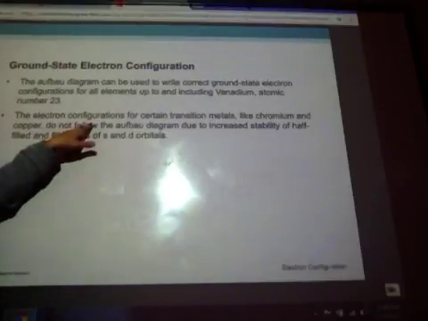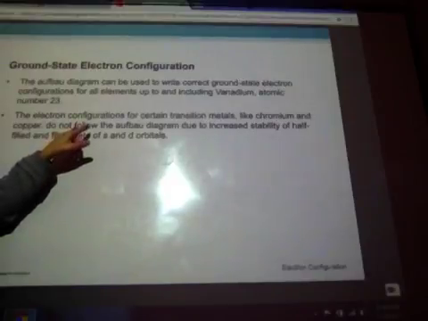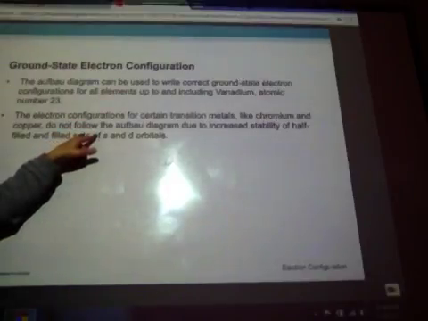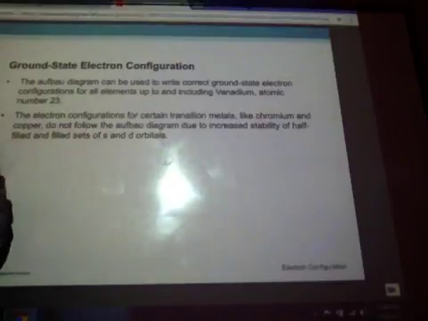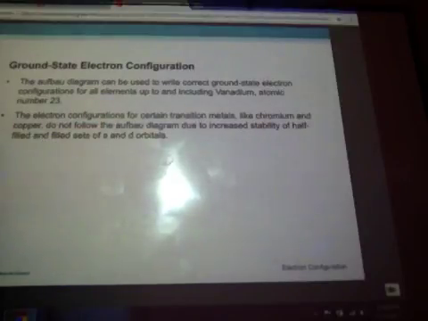For certain transition metals like chromium and copper, a half full level is more stable than like 3/4 or 7/8 or something like that. So some transition metals don't follow all the rules. Chromium and copper are examples, and when we do the lab, I'll show how one of those works.